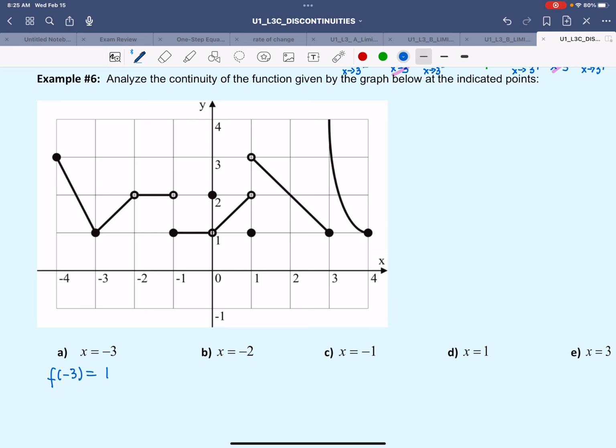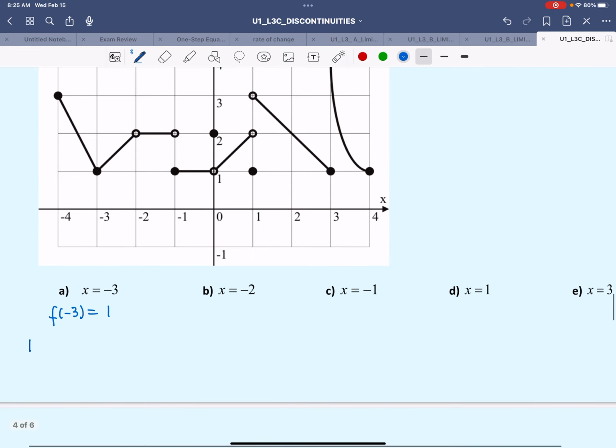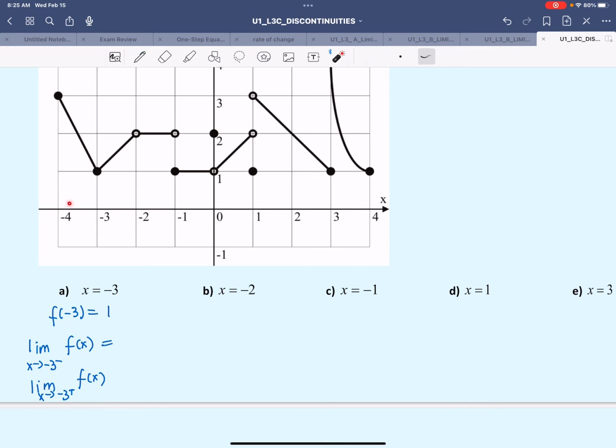Next we are discussing the limit as x approaches -3 from the left-hand side, and the limit as x approaches -3 from the right-hand side. As you can see in here, when you approach the left side of -3, the values of y are going towards 1. When we approach the right side of -3, the values of y are still becoming 1.